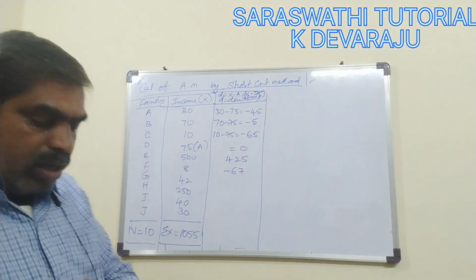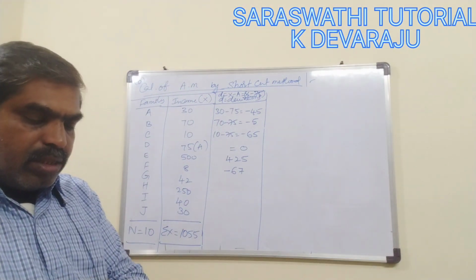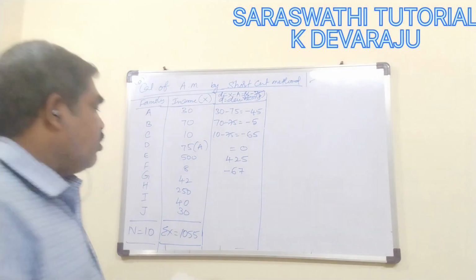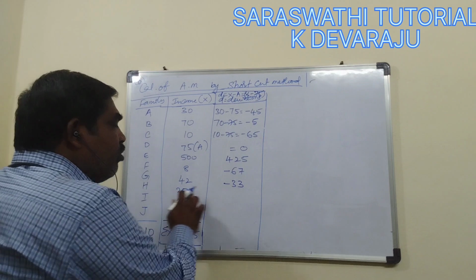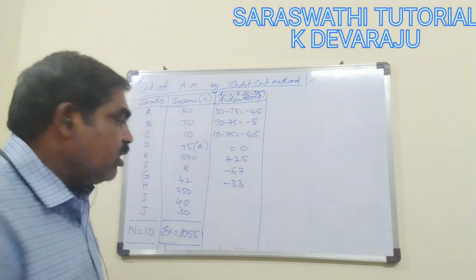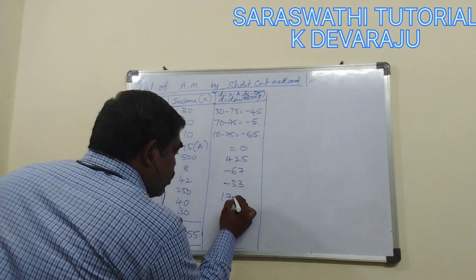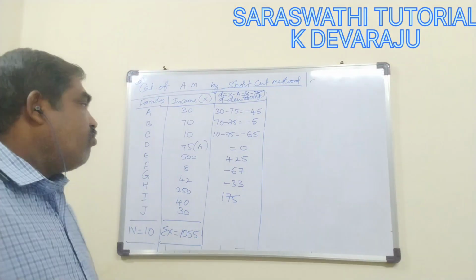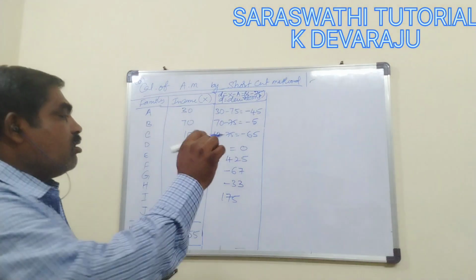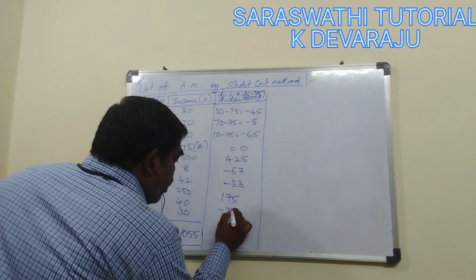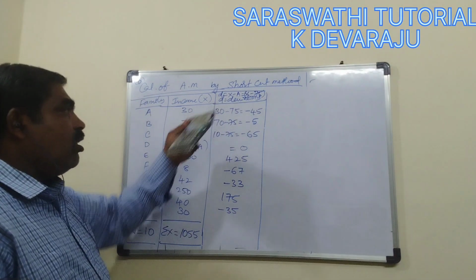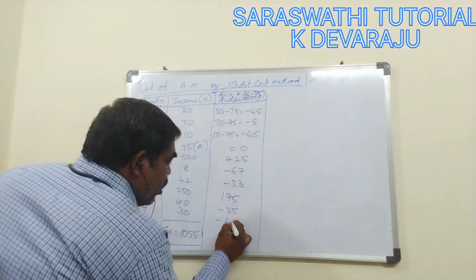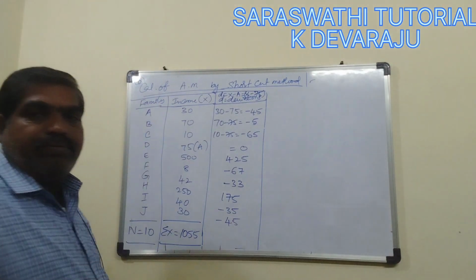Then 42 minus 75, which is minus 33. Then 250 minus 75, 175. 40 minus 75, minus 35. 30 minus 75, minus 45.